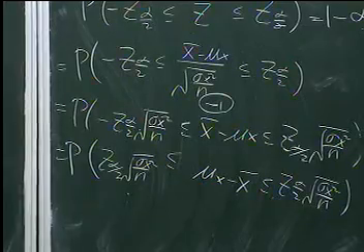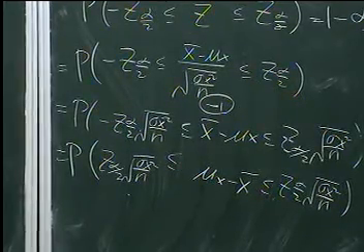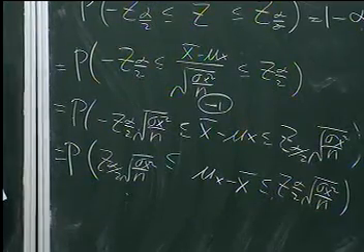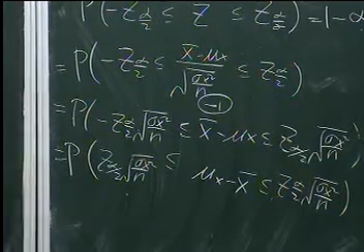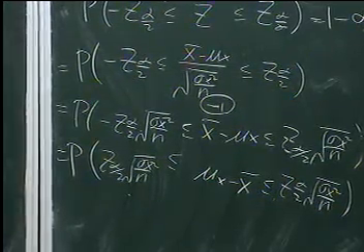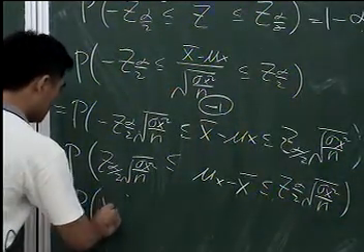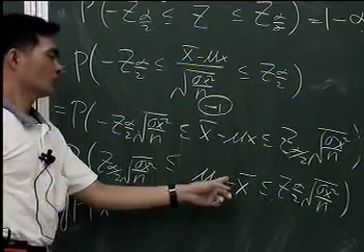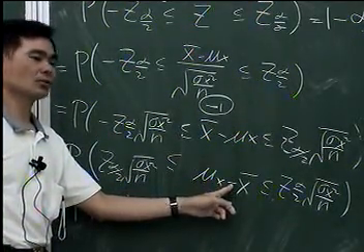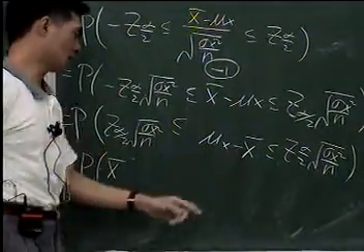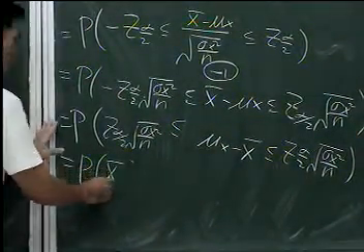Any questions so far? So this is what you get. That's the reason we can use this confidence interval. This is x bar. If you add x bar here, you have to add x bar there as well.